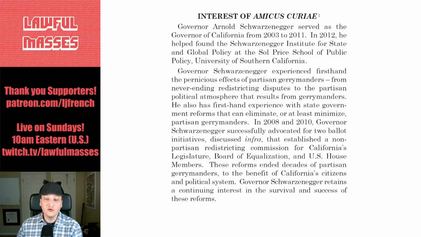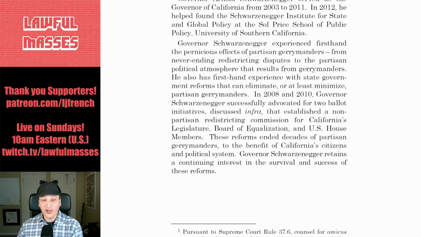Governor Schwarzenegger experienced firsthand the pernicious effects of partisan gerrymanders, from never-ending redistricting disputes to the partisan political atmosphere that results from gerrymanders. He has also had first-hand experience with state government reforms that can eliminate or at least minimize partisan gerrymanders.